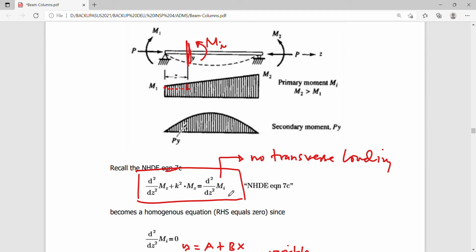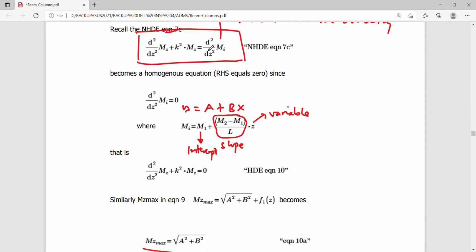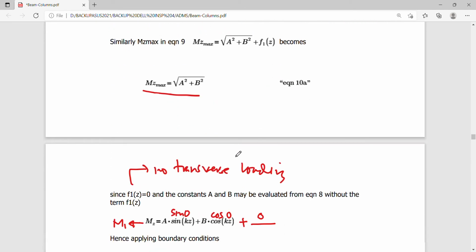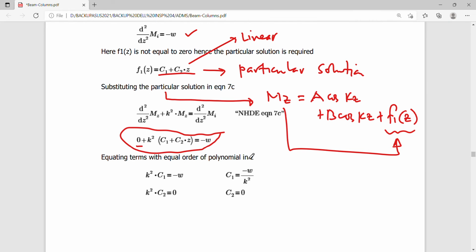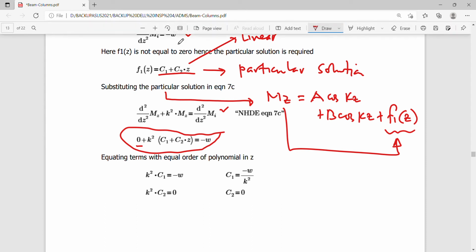Now, it's quite confusing, but take note, this is a second derivative of mi. So this must be, okay, the second derivative of mi, which is equal to a negative w there. Okay, so this is one here, this one here.